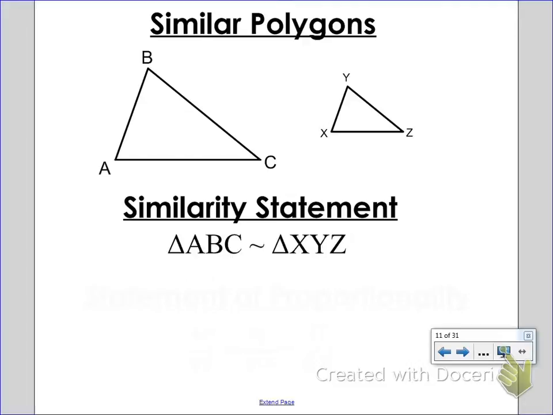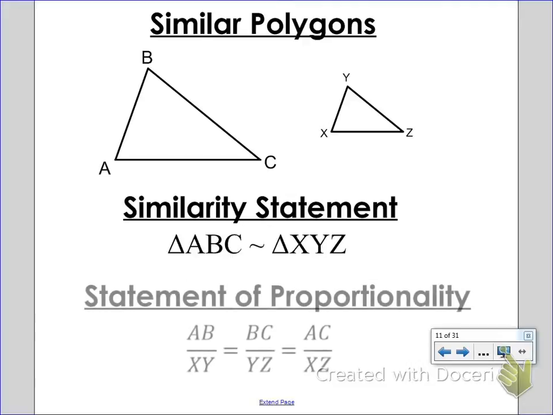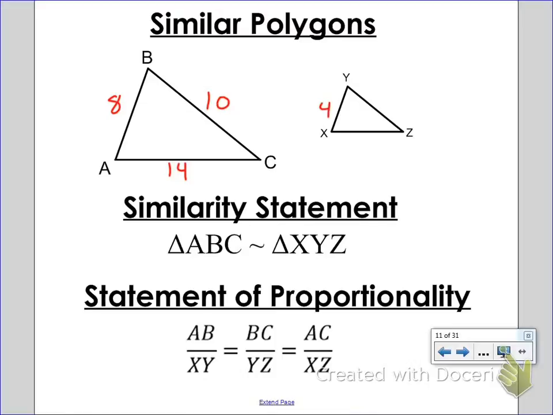And we're going to be able to write what we call a statement of proportionality. A statement of proportionality is just three ratios that are exactly the same. For example, let's say for triangle ABC, AB was 8, BC is 10, and AC was 14. In my second triangle, XYZ, XY was 4, YZ was 5, and XZ was 7.